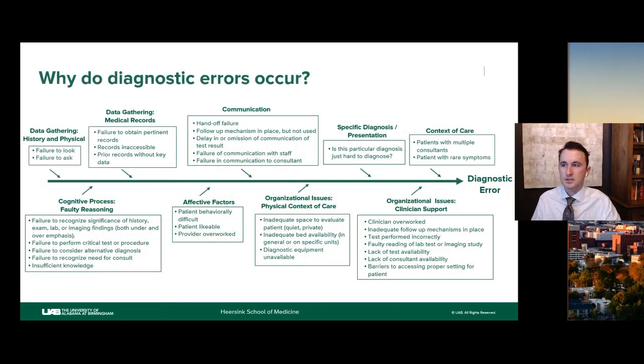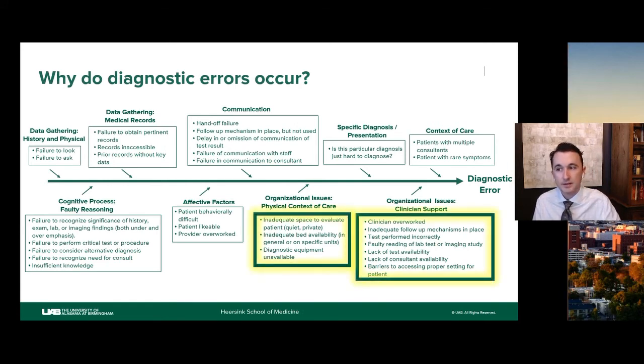Okay, so this is a slide from our first session, and while the provider and the patient make up the majority of the etiologies of diagnostic error, we can't forget that the system contributes a good chunk to this too. Okay, so it's important to be mindful that the system's imperfections not only exert negative influences on individuals but also teams.